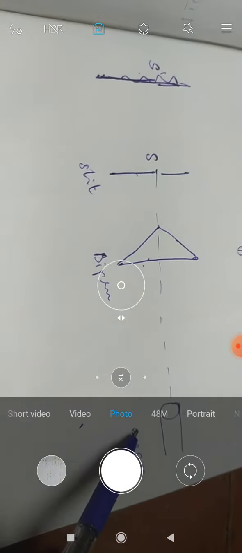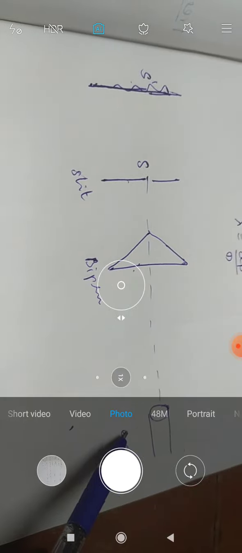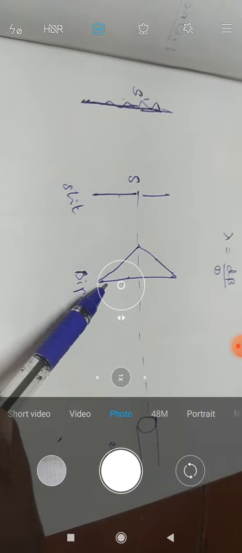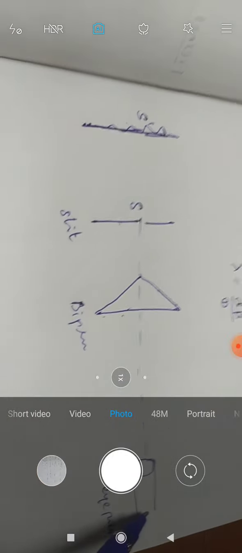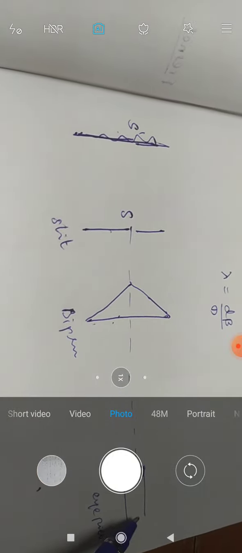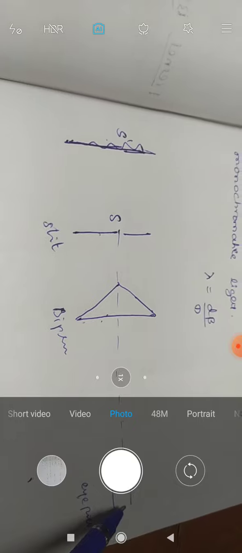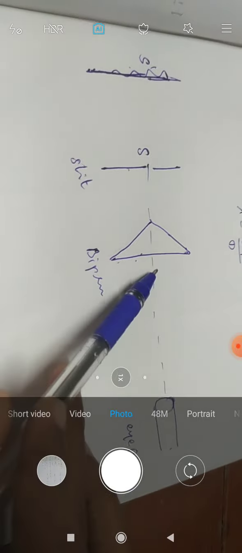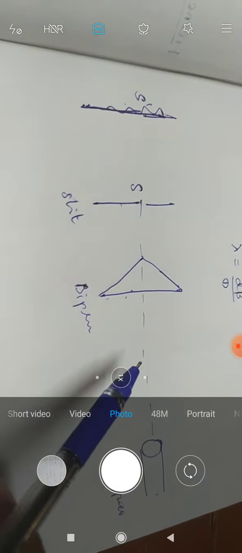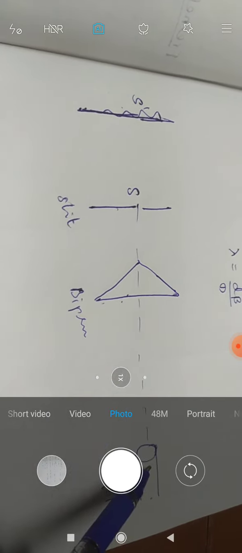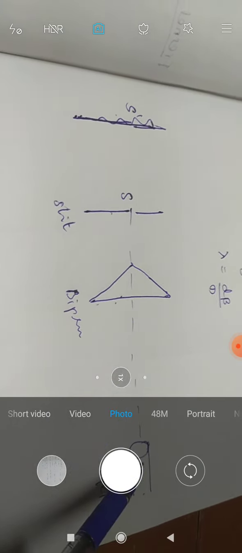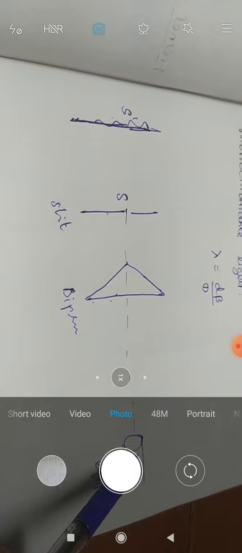The micrometer eyepiece is mounted at some distance from the biprism on the other end of the optical bench, and the eyepiece is focused on the fringe system. The fringe width beta is determined by finding the width of the fringes.